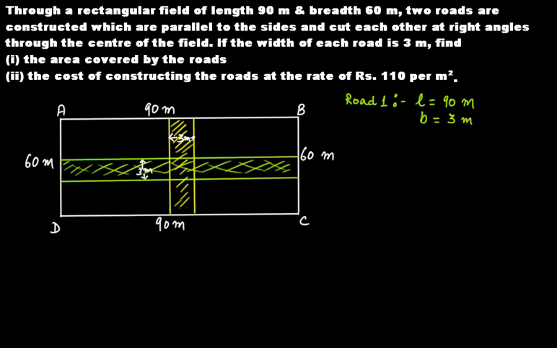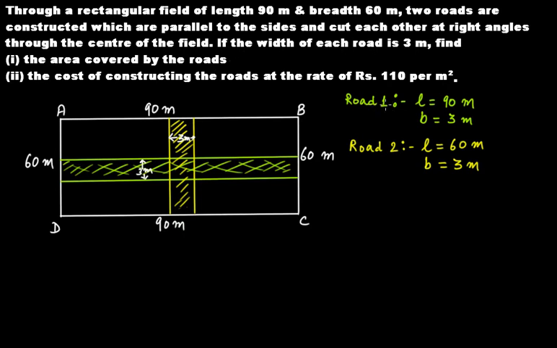Then for road 2, length will be this 60 meter and breadth will be 3 meter.